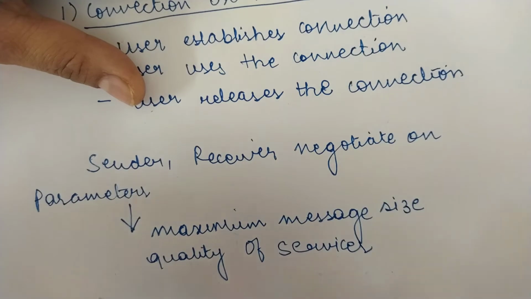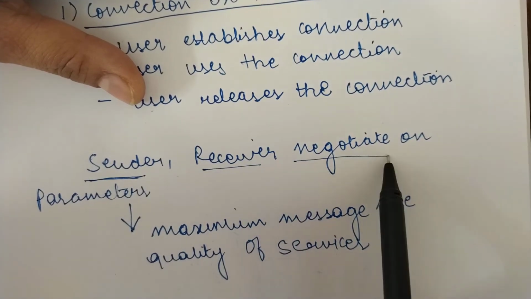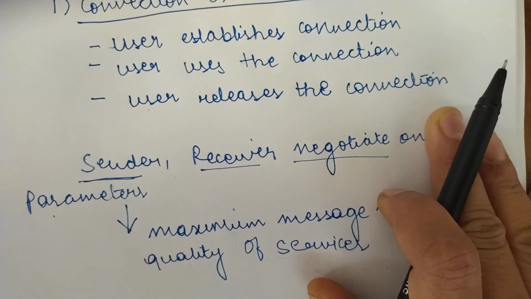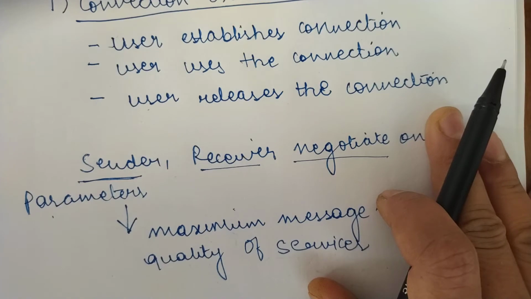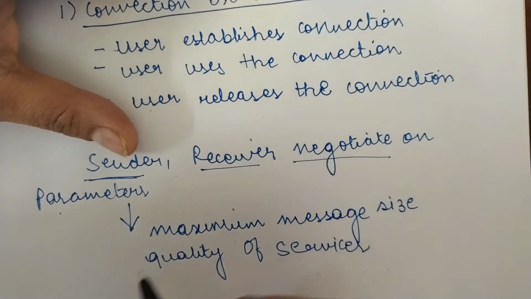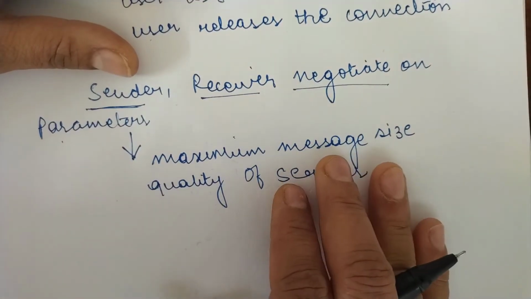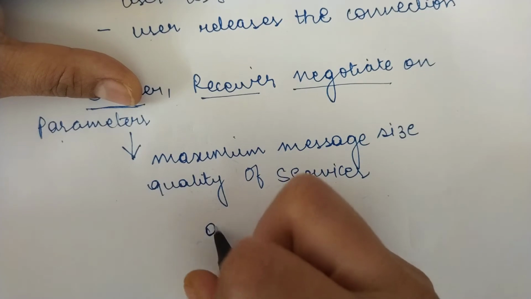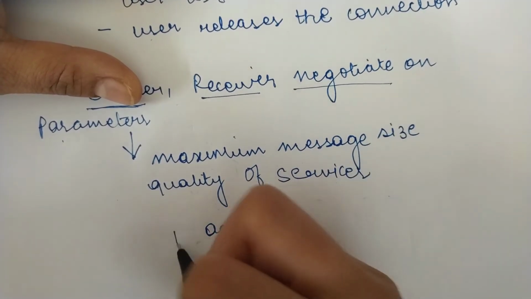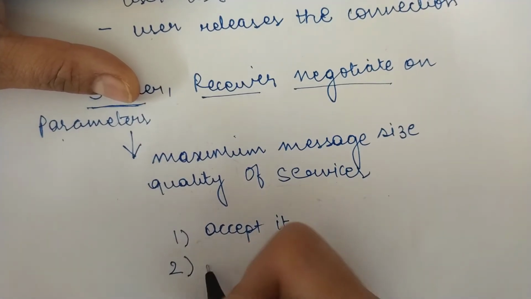There are three possibilities when the sender and the receiver negotiate on the parameters. The first possibility is that one side makes a proposal, and the other side can accept it. Or the other side can reject it.